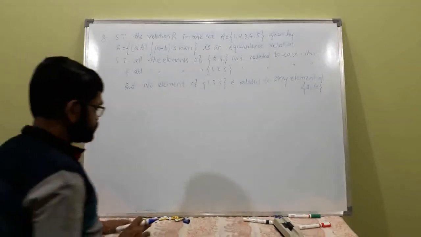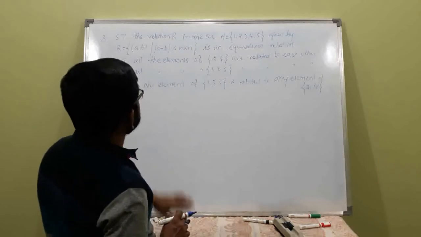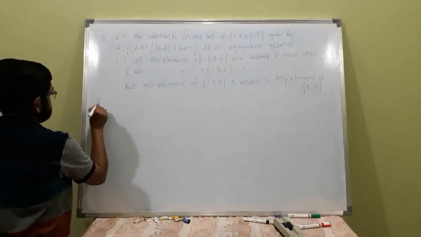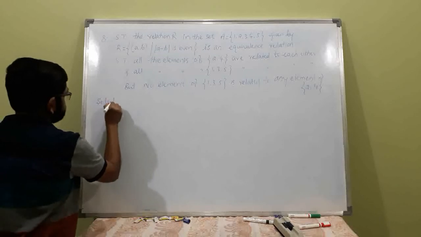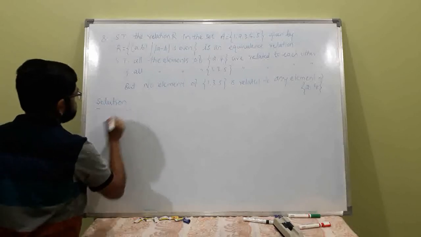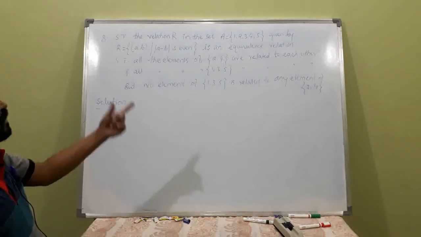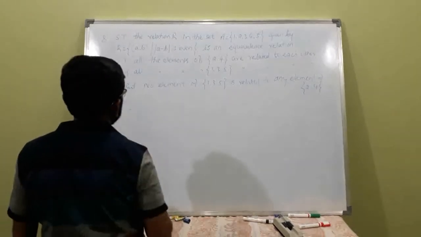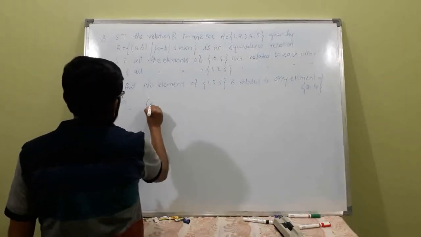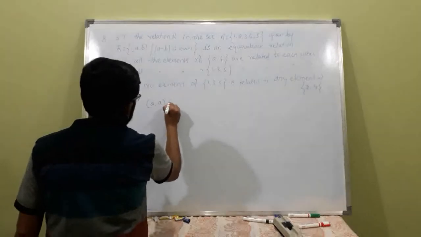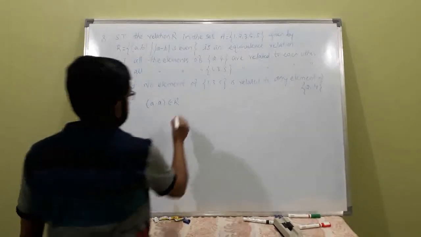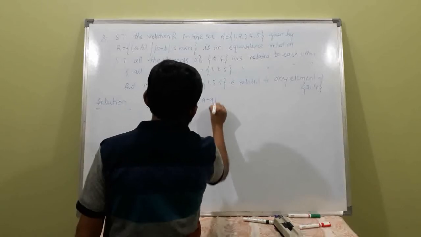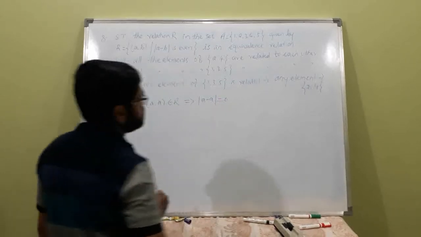Okay, let us prove that the relation is an equivalence relation. Solution: take any element A. AA belongs to R implies modulus of A minus A, that is equal to 0.